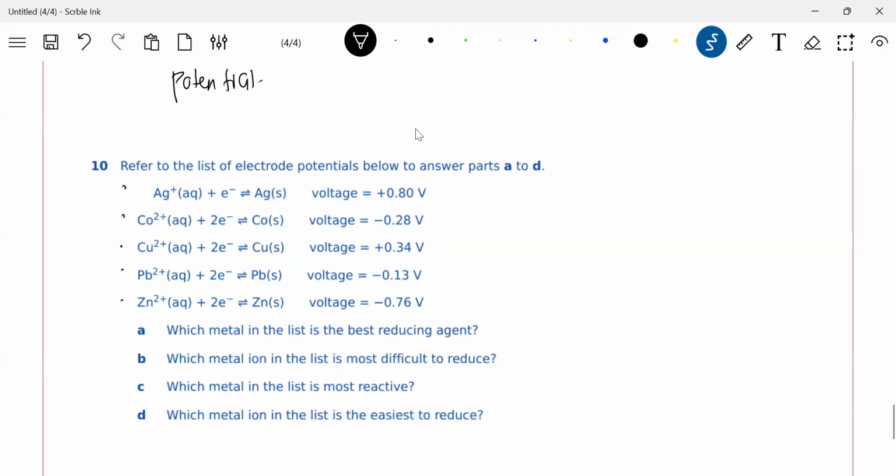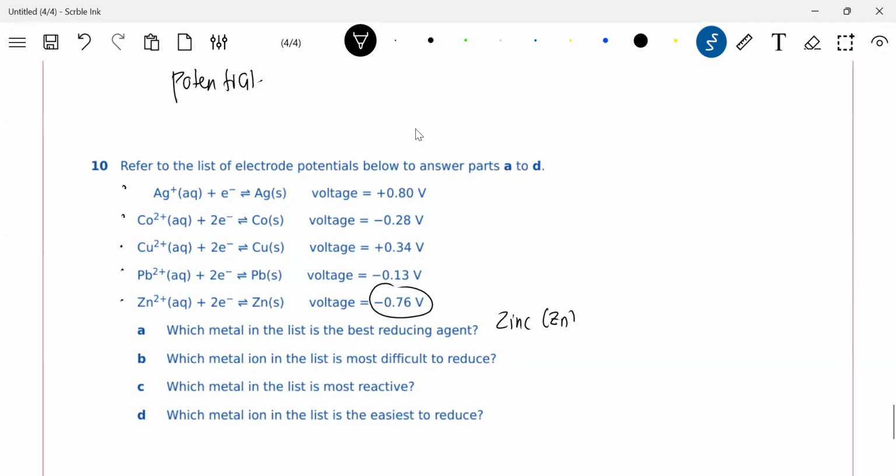Zinc 2 plus. Yes, of course, zinc, because this is negative 0.76. The most negative, the smallest number. So the answer is zinc.